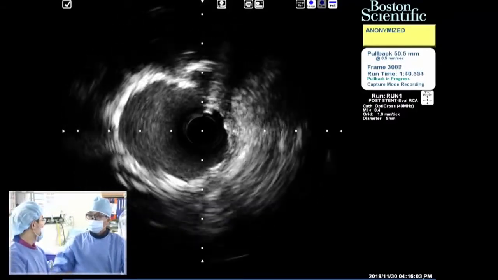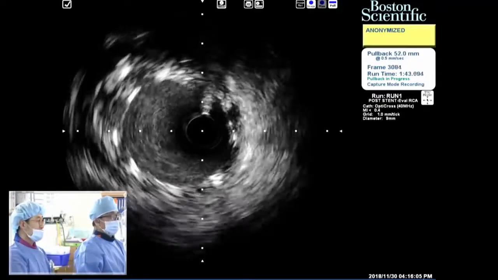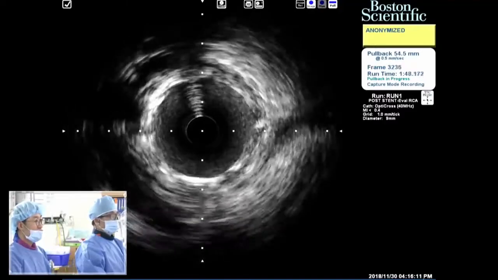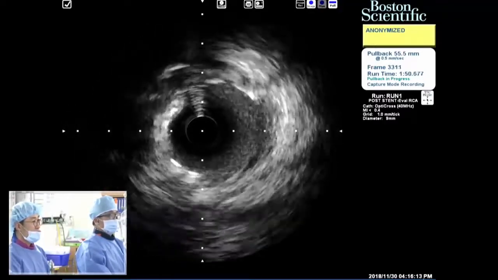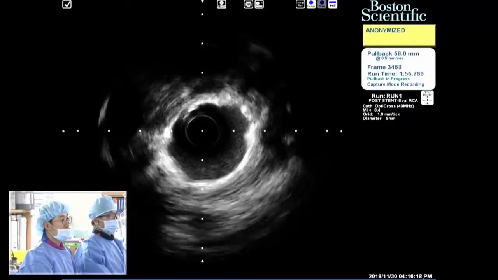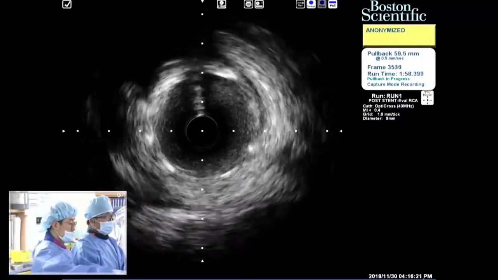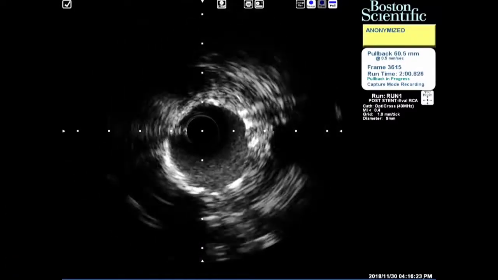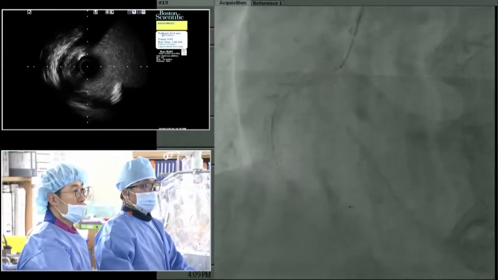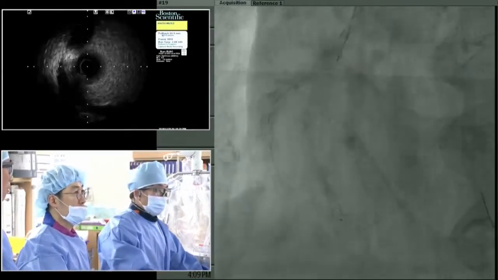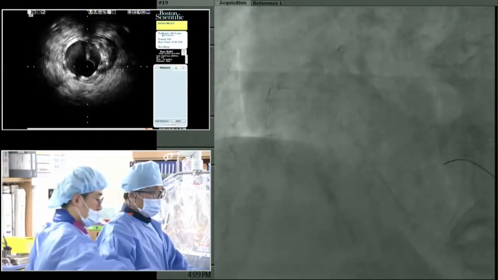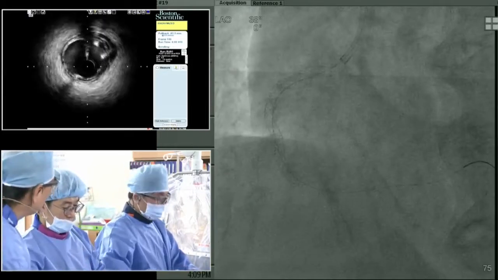3.5 non-compliant balloon, please. Proximal. This is the proximal. A little bit underexpanded. Absolutely. Okay, let's look at it as it is. Wow, exactly. Well, the location is not bad. I think I missed one or two struts at the ostium, but I think it's okay.